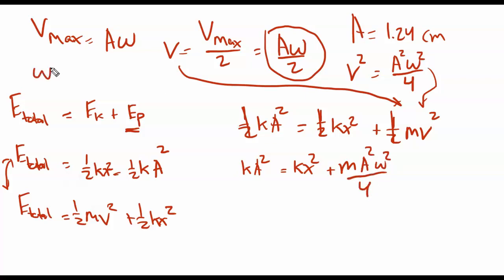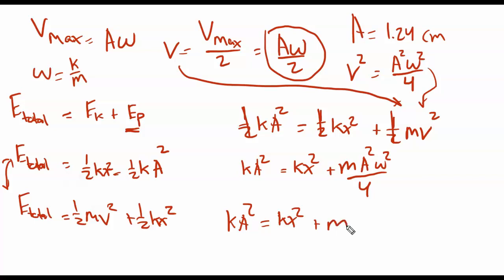But remember, for a mass on a spring, omega squared is equal to k over m. And so if I make that replacement, you can see what happens here in just a second.